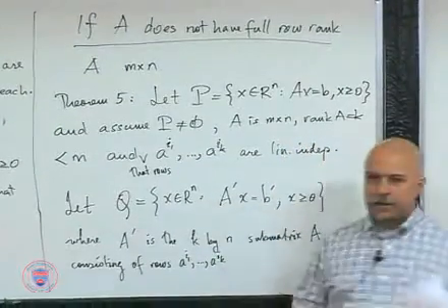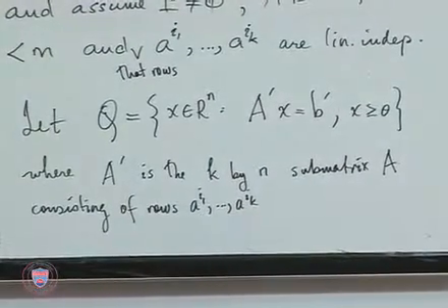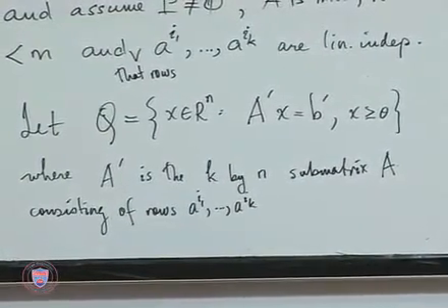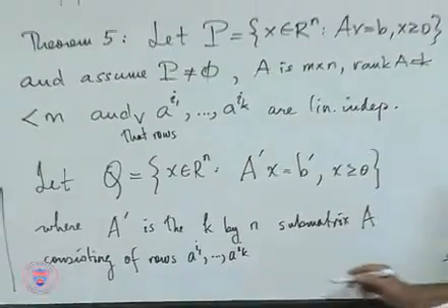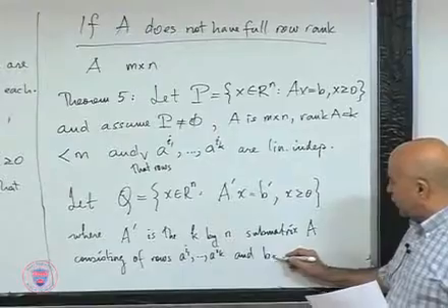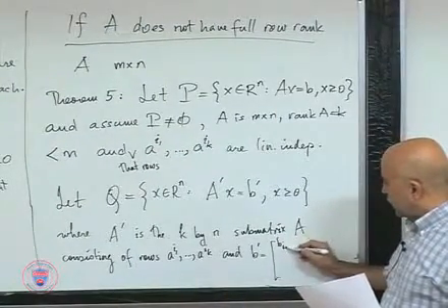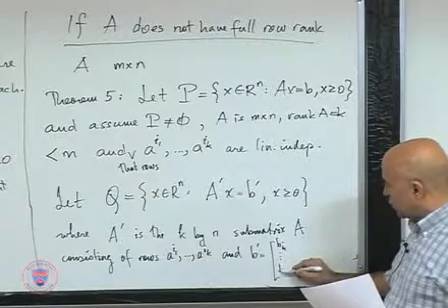So you take these linearly independent rows and put them in a matrix. You discard the remaining rows of A, you just throw them away. And b' is defined similarly. It consists of the right-hand sides corresponding to these indices.